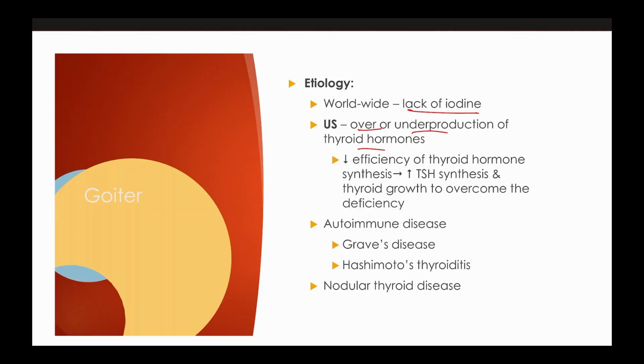If we have reduced efficiency in thyroid hormone synthesis, so the way that we make it and package it is reduced, we're going to increase our TSH to try and stimulate it to do more, and the thyroid will grow to overcome the deficiency. So you're having lack of thyroid hormone production.